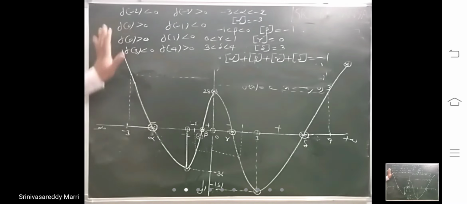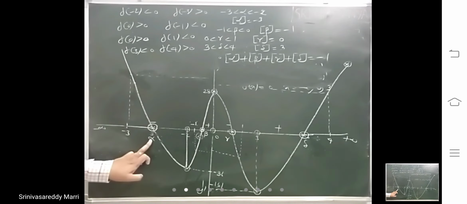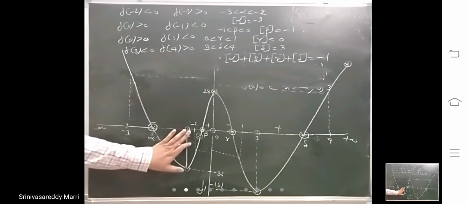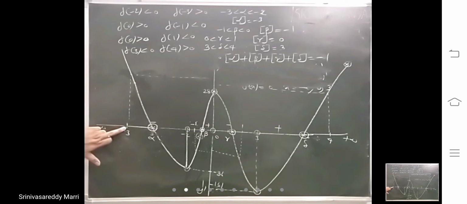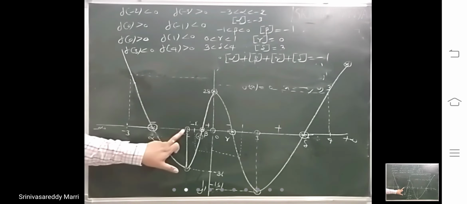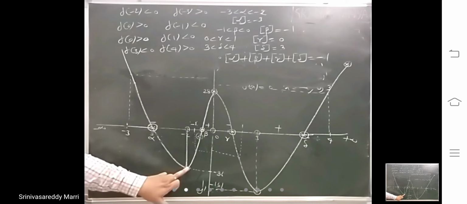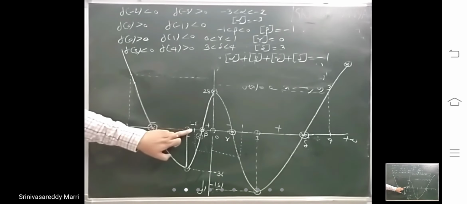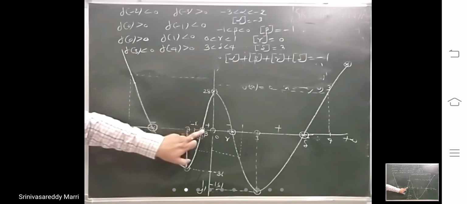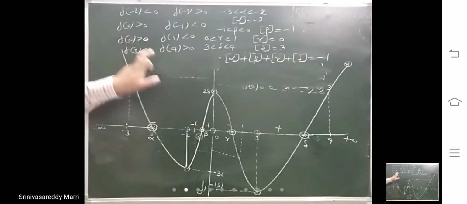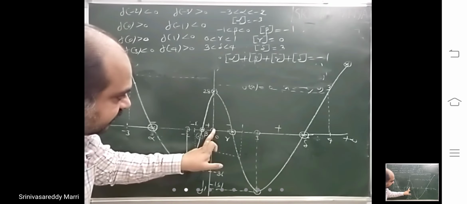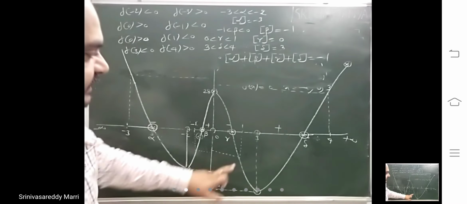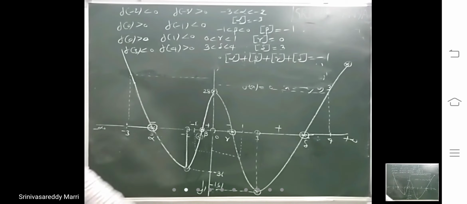Simple. Look, I will explain once again. First construct the graph, and after that calculate between which integers alpha lies. f of minus 2 is negative, and f of minus 3 is positive, so it lies between minus 3 and minus 2, and the step is minus 3. f of minus 1 is negative and f of 0 is positive, so beta lies between minus 1 and 0. f of 0 is positive and f of 1 is negative, so gamma lies between 0 and 1. f of 3 is negative and f of 4 is positive, so delta lies between 3 and 4.